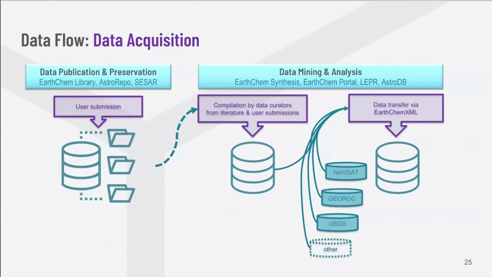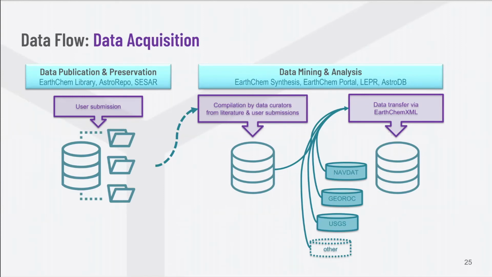So the workflow in these systems is that for data publication and preservation at the EarthChem library and the Astromaterials repository, we offer interfaces for users to submit their data, and then we curate them.